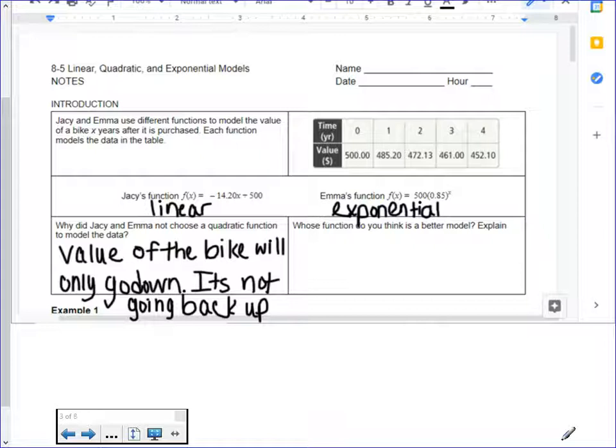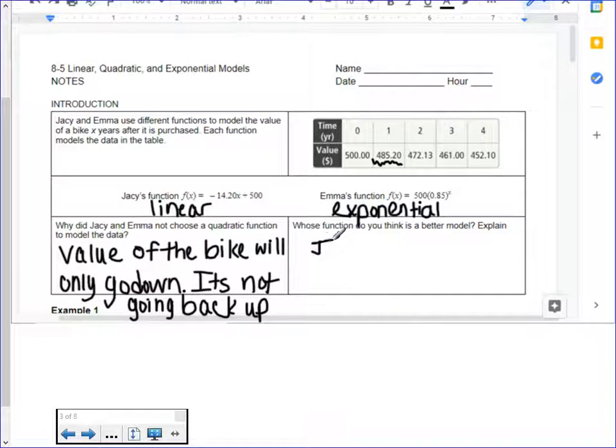I think you get the right thing for 0. What did you get when you plugged it in? Anyone try to plug in a 1 for the exponent? For 1, if you plug in a 1, you're getting 425, but the value is 485. So is that right? No. Whose function is better?